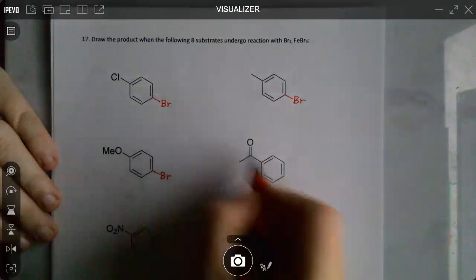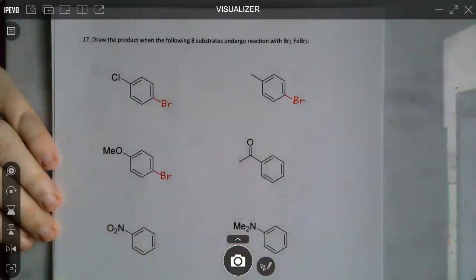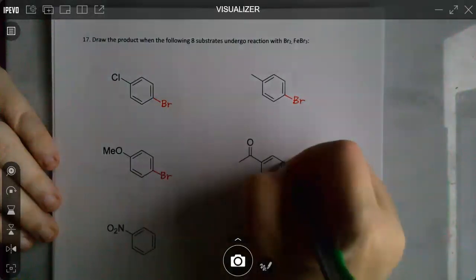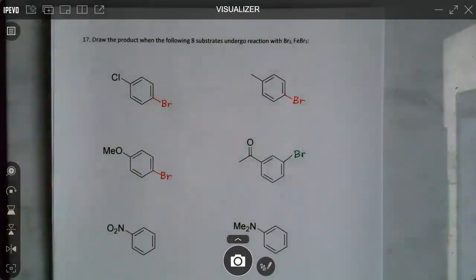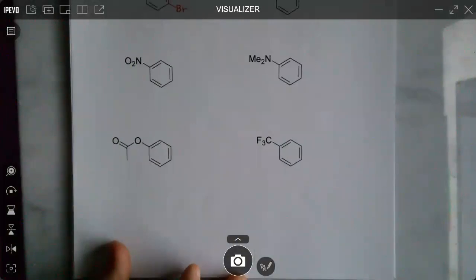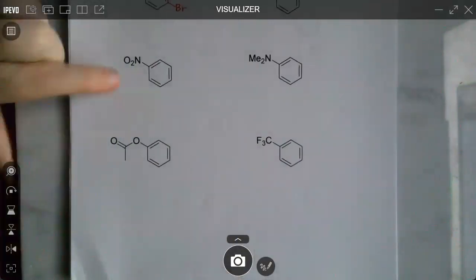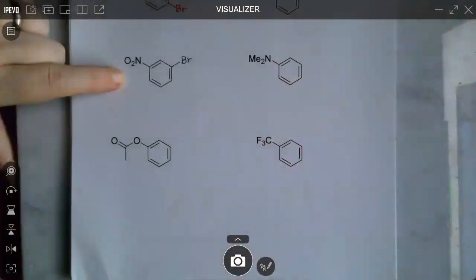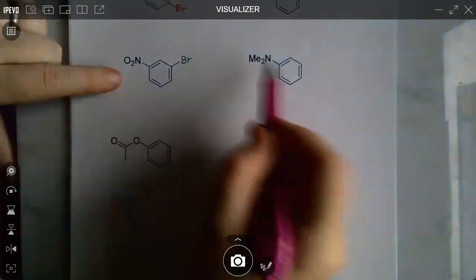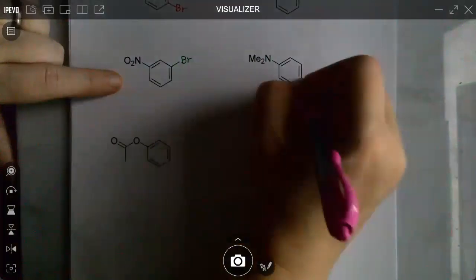This ketone, again, is a moderate deactivator, which means it's a meta director. So we're going to put the bromine meta, and when it's being directed to the meta position, I'll use a different color. Looking at these substrates down here, the nitro group is a meta director, whereas the dimethylamino group is an ortho-para director.